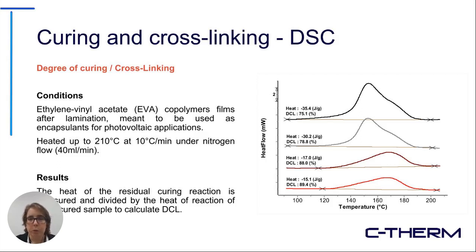And you would heat it according to profiles similar to what you would use in the process, and measure the heat released by the curing reaction, and you can determine how much is already cured, or the degree of curing, by basically referencing your unknown sample to the behavior of a completely uncured material.